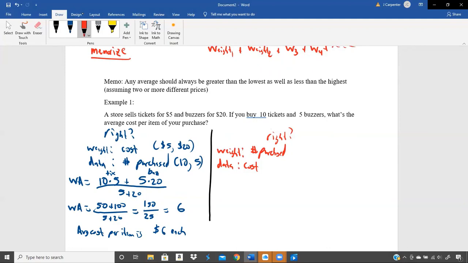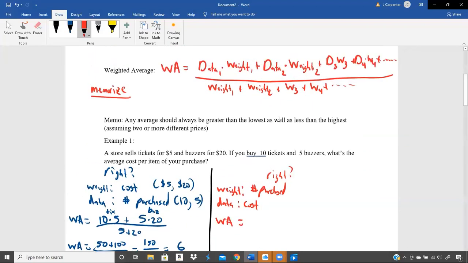Now, let's do the red version where I've swapped what I called the weights and the datas. So our weighted average, again, data times weight plus data times weight plus data times weight. So we're going to go data first, which this time I've called the data the cost, and the weight I've called the number purchased.